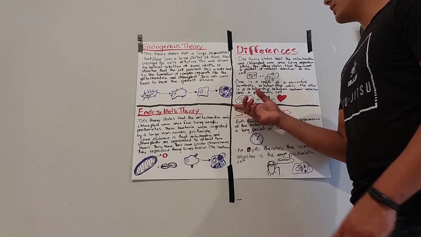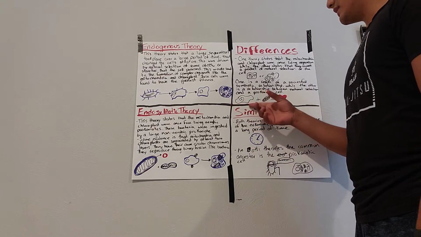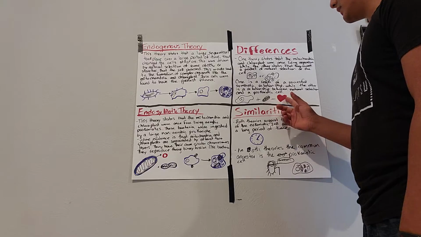So here I drew primitive eukaryotic cell plus mitochondria equals heart.